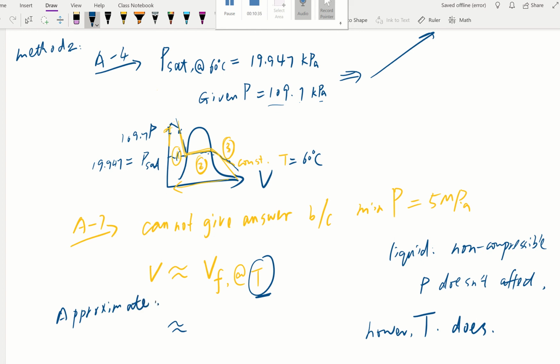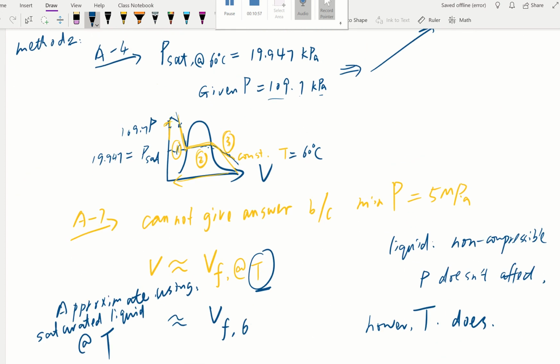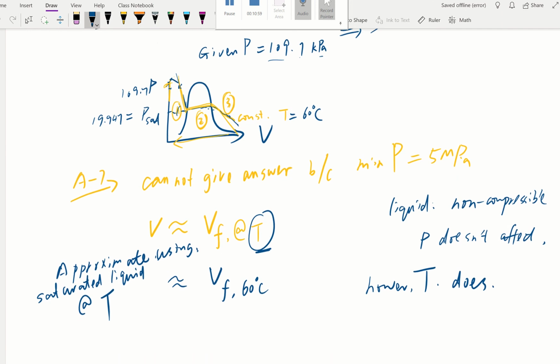We're going to use the saturated temperature. We're going to use the saturated liquid to approximate, approximating using saturated liquid at the temperature. So for this, we're going to use Vf at 60 degrees Celsius. So what table then?